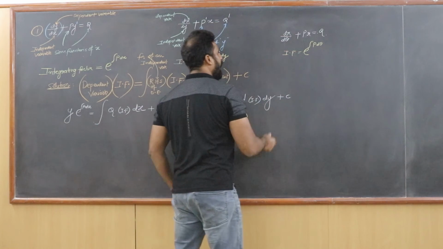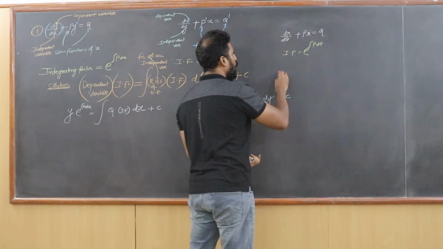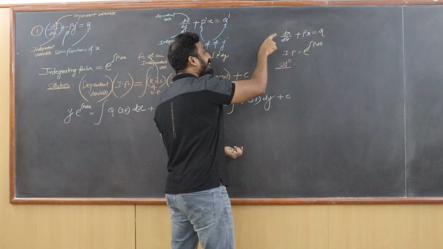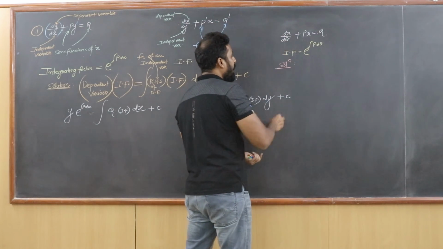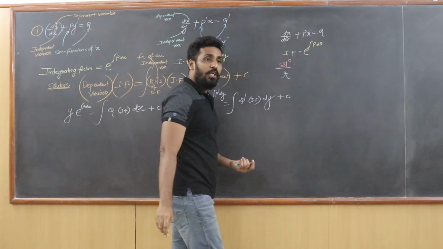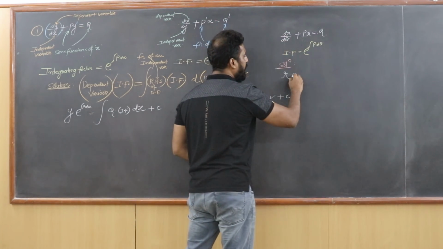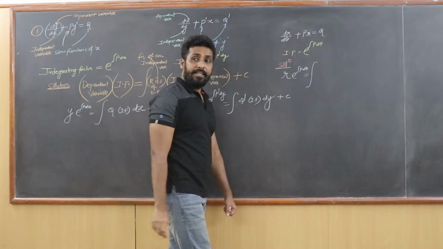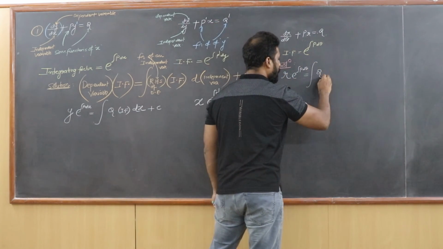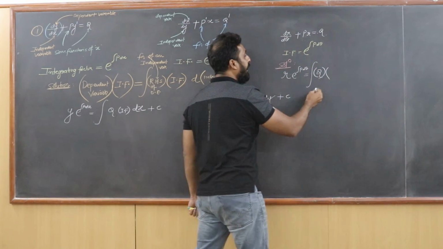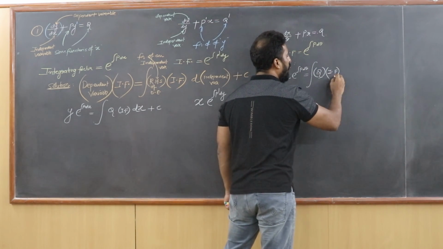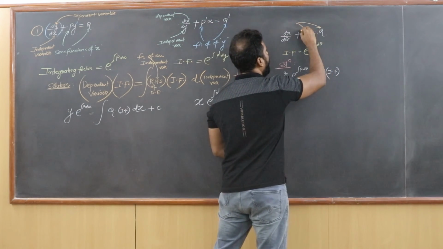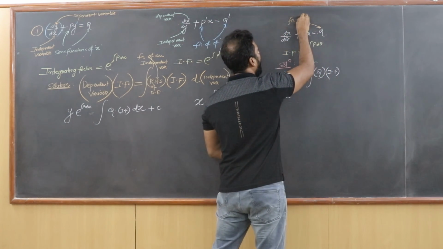Suppose if I want to come here and write the solution, let's see how to write the solution for the last case. The solution here will be written as, who is the dependent variable? So the dependent variable is r into the integrating factor, which is e raised to integration of p d theta is equal to integration of the RHS, which is q, into the integrating factor, whatever answer you have got here. Q and p, they must be both functions of theta.